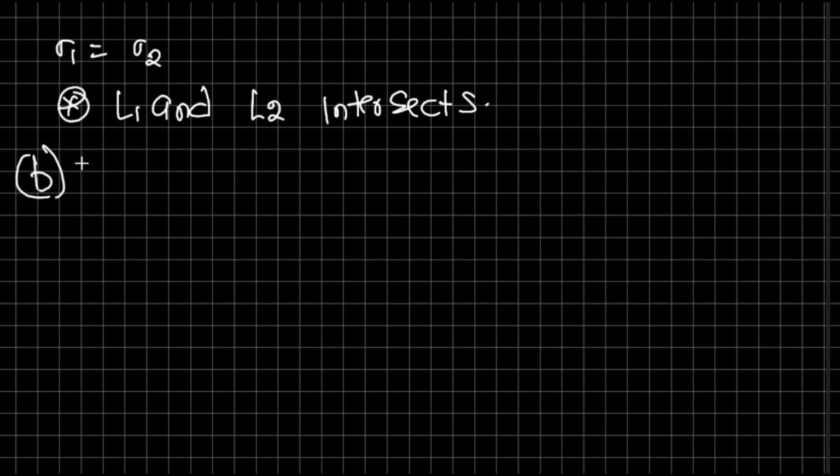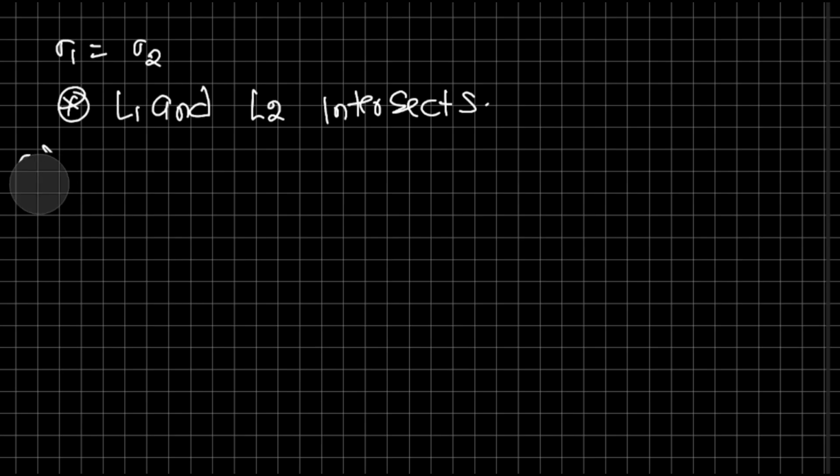We have the second question: find the position vector of the point of intersection. The position vector of the point of intersection is what we have found, by substituting the value of t into the equation.